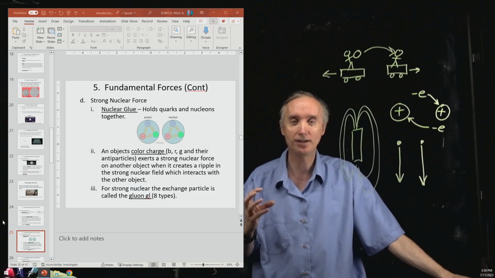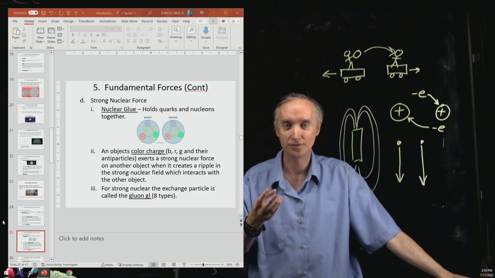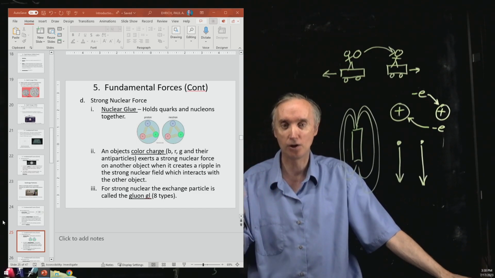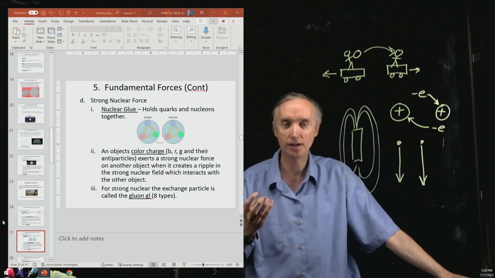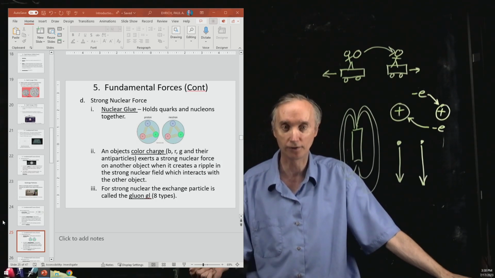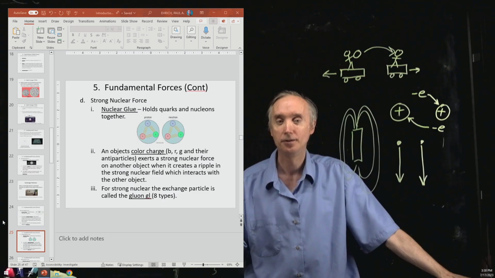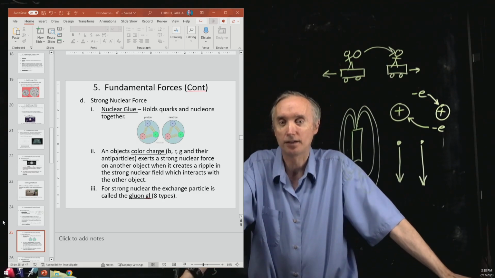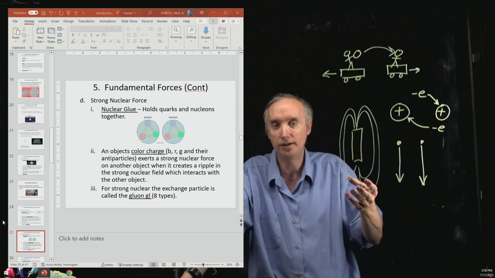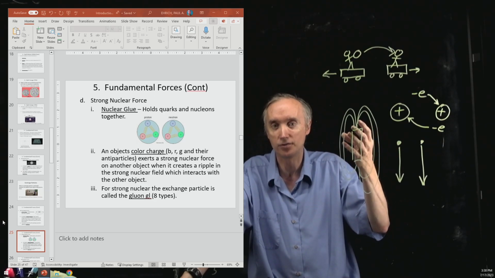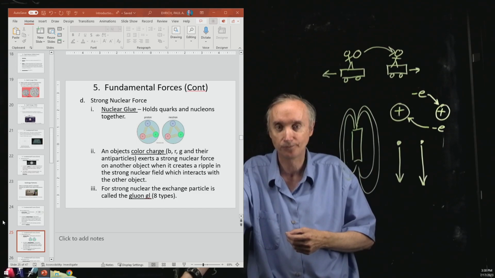There are three colors, and they go with blue, red, and green. When you add those three colors together, you get no color. You get the color white. But anyway, just know that color charge is the thing that is actually creating the strong nuclear force.